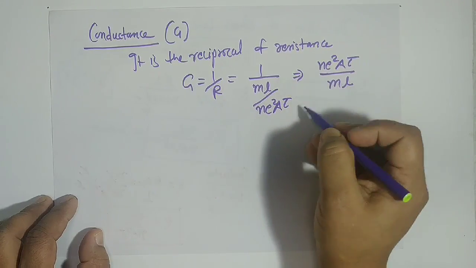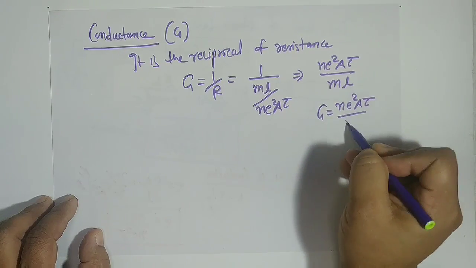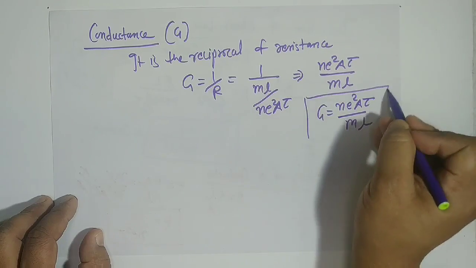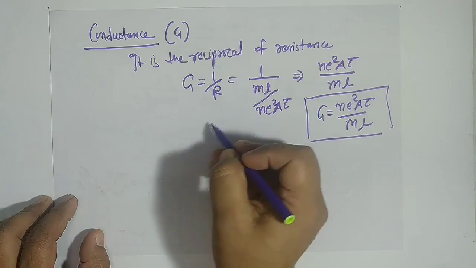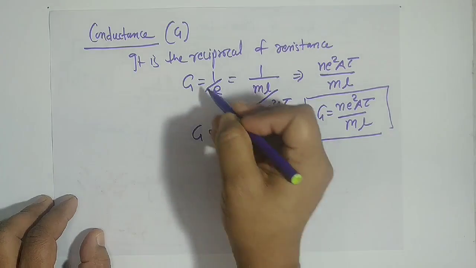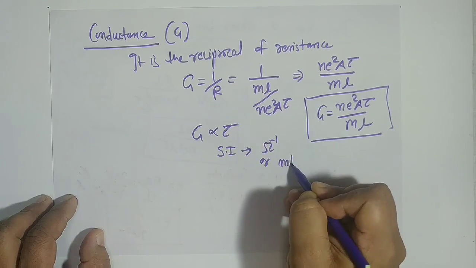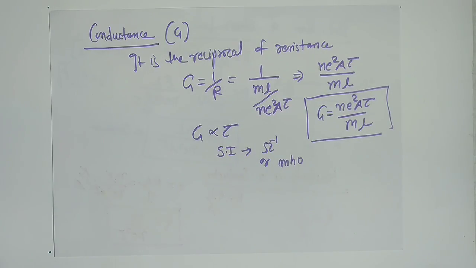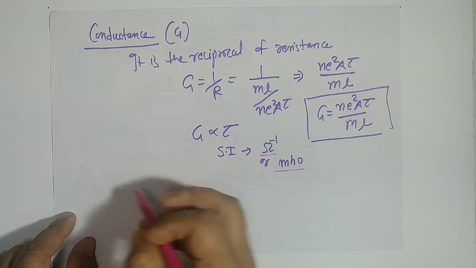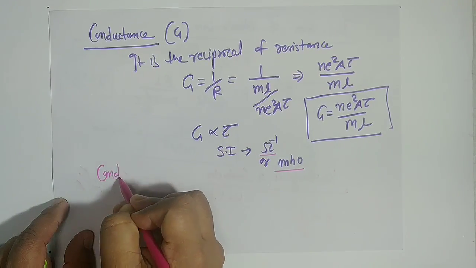So G is ne square A tau by mL, and this is directly proportional to tau. What will be the SI unit? Reverse of ohm: ohm inverse or mho. This is the unit of conductance.